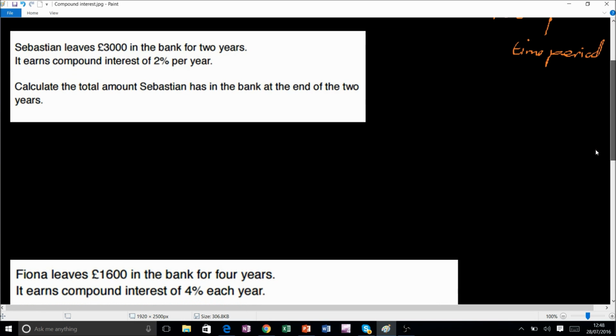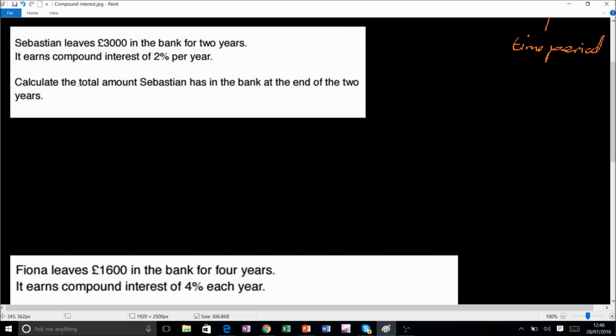Now let's go straight into an example. So it says Sebastian leaves £3,000 in the bank for 2 years. It earns compound interest of 2% per year. Calculate the total amount Sebastian has in the bank at the end of the 2 years. So okay, beautiful. Initial investment 3,000.